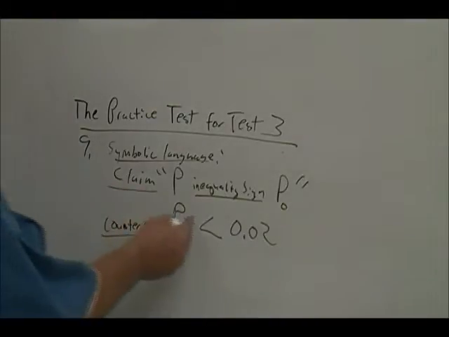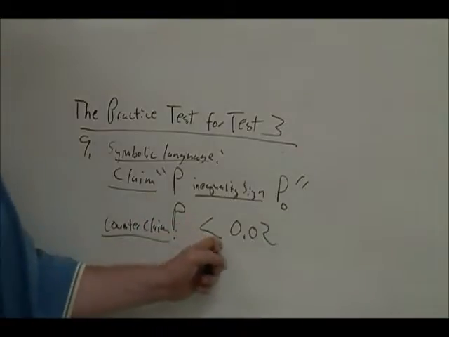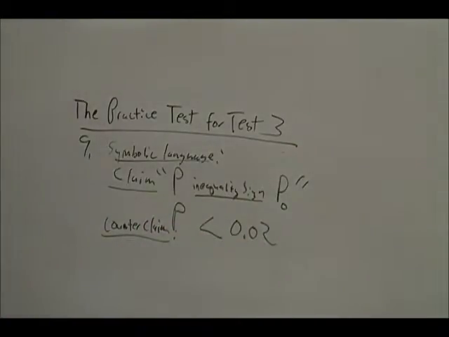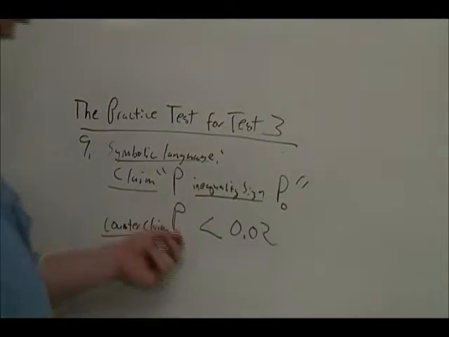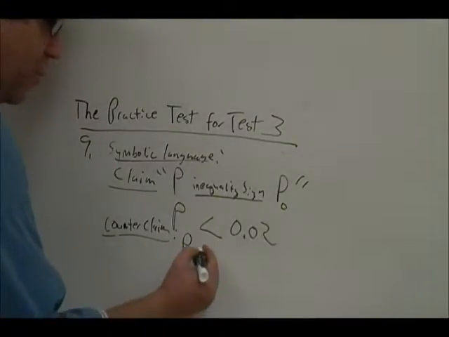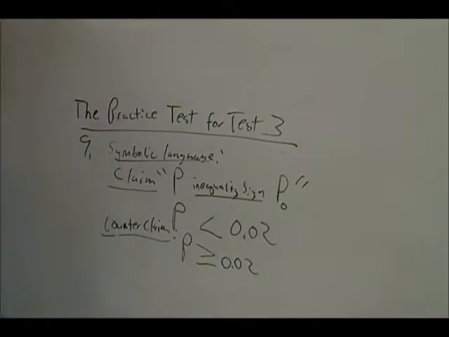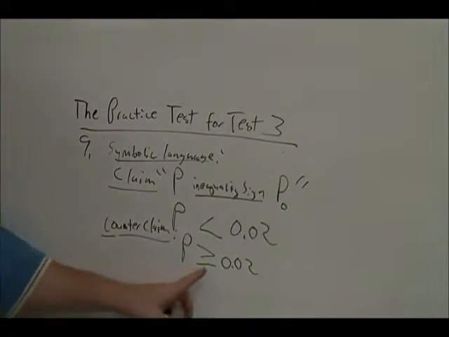So you look at P less than 0.02 and you say, well, if the population proportion is not less than 0.02, what does that mean? The counterclaim is saying that the population proportion is not less than 0.02. So that's the same as saying what? The population proportion is greater than or equal to 0.02. And remember, only one of the claim or counterclaim can have an equal sign in its inequality sign.